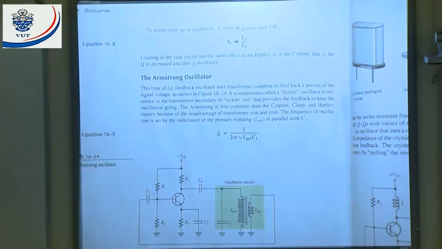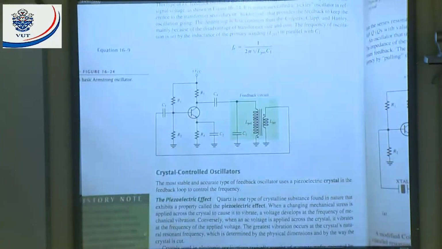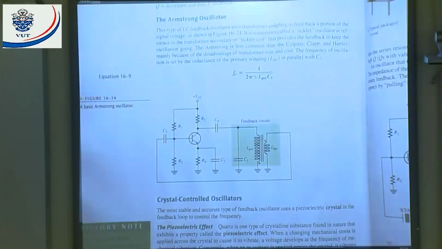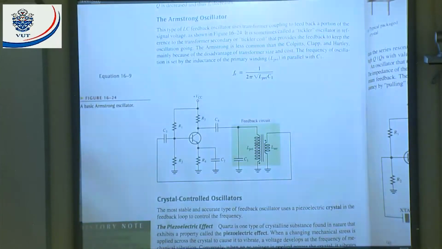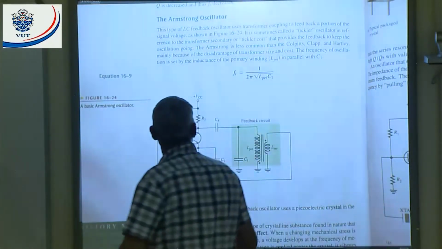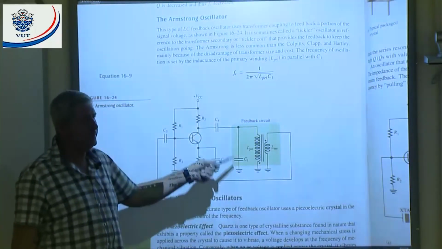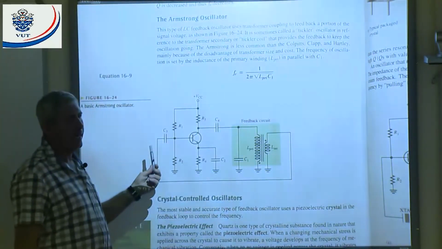And that brings us to the next oscillator, also an LC oscillator, called the Armstrong oscillator. In the case of the Armstrong oscillator, again, as I already mentioned, we have an LC circuit connected to an amplifier.